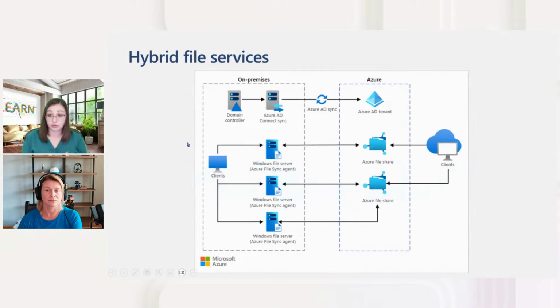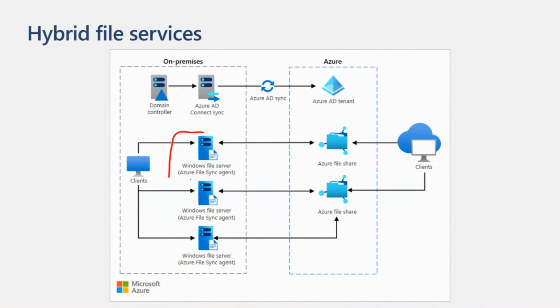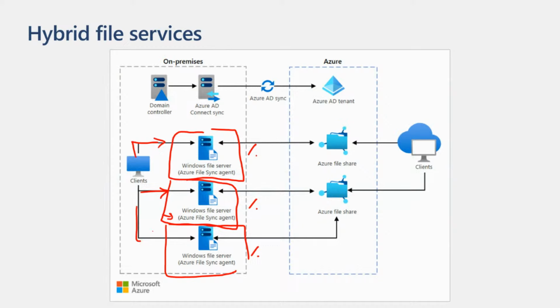Then it will look something like that, where all of our files can exist on top of the servers. It doesn't matter where they are, all the servers are installed with the Azure File Sync agent, where on each and every one we have the server path, the server endpoint, where we can access from our client directly to the local cache on top of the servers.